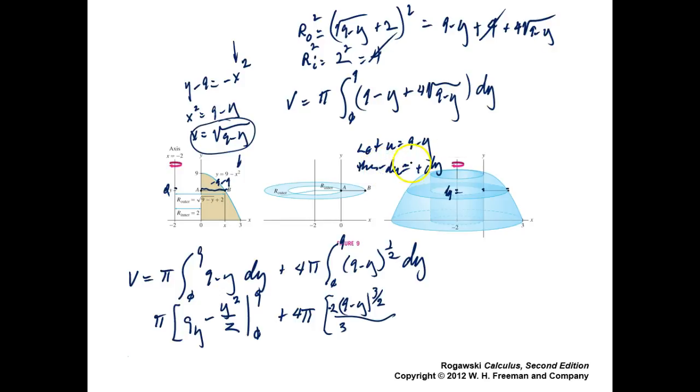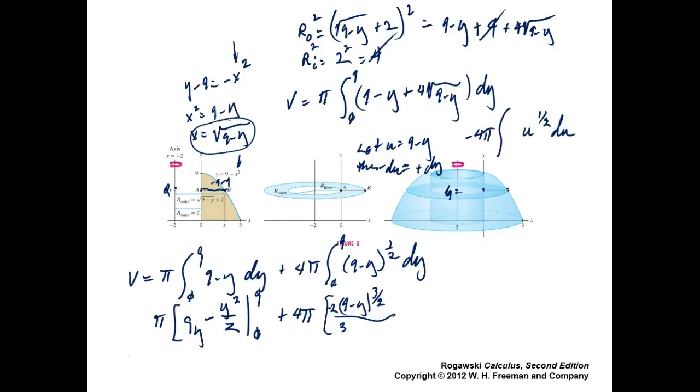So you could move the minus sign over here. Then it would be 4 pi times the integral. I'll leave off the units for now. And that would be u, put a minus sign out here, u to the 1/2 du.